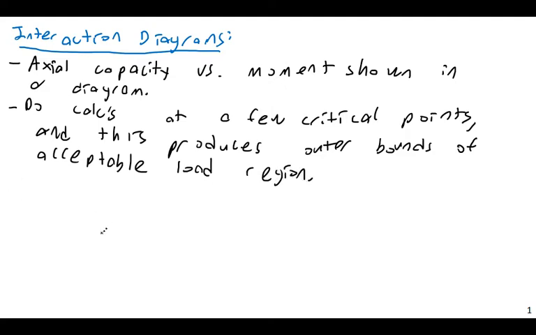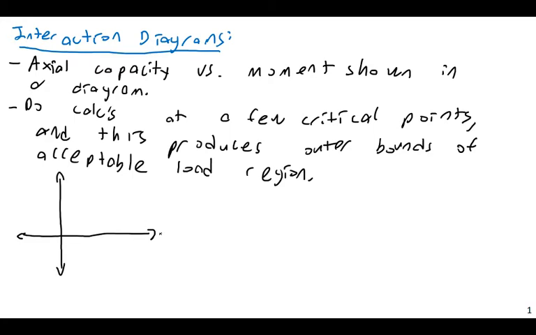So again, as we recall, concrete columns are always going to be experiencing some level of moment in addition to axial load. Imagine I were to create a graph of phi Pn and phi Mn for a given concrete column.